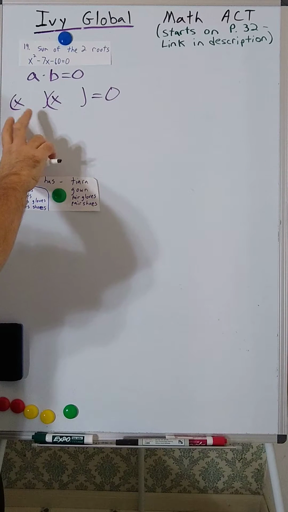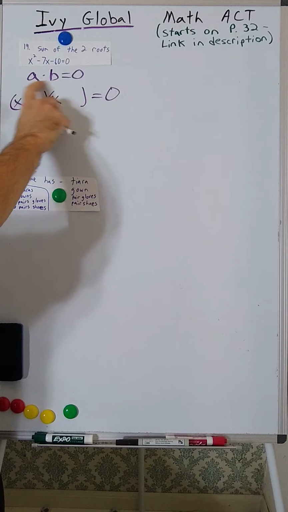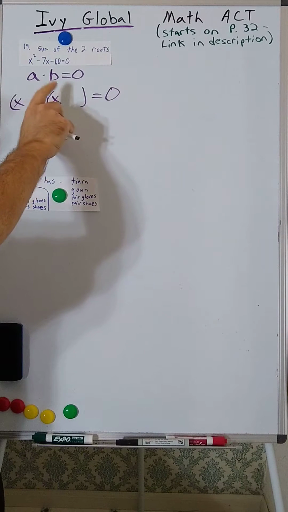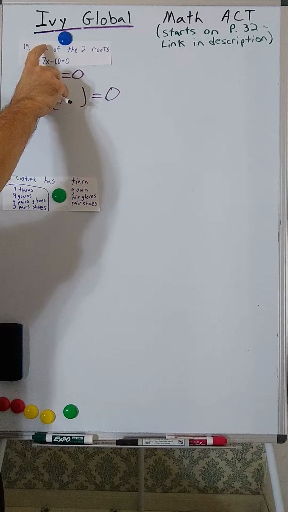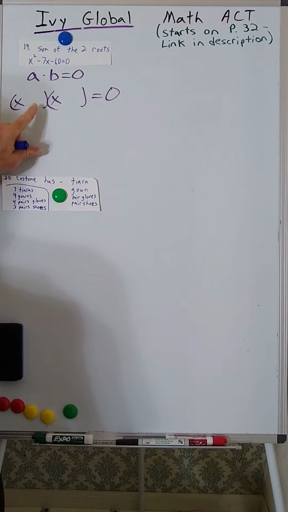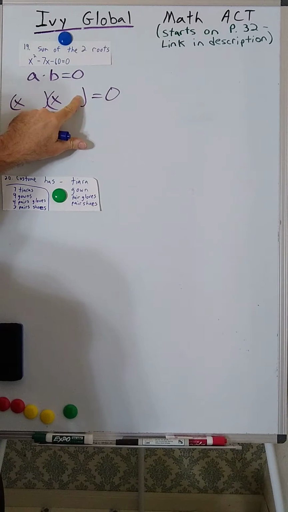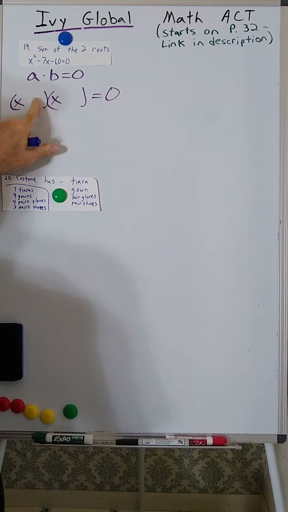And we can use the zero product property to figure out what the roots are, and then we can find their sum. So whatever number goes here and here, these get multiplied to give us the negative 60.